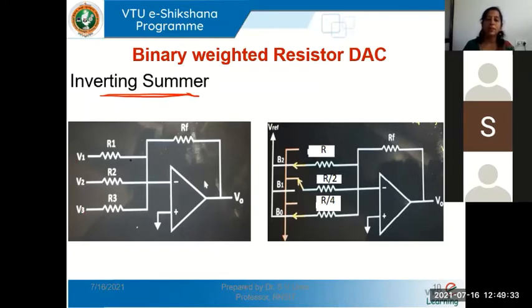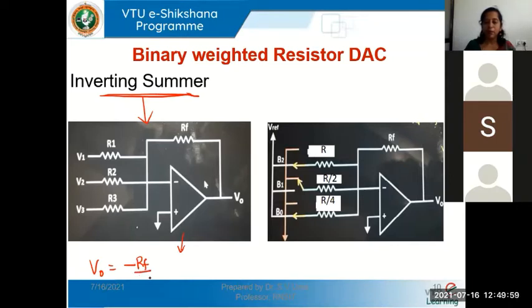A simple inverting summing circuit this is, where 3 input voltages V1, V2, V3 are given through 3 different resistors, and there is a feedback resistor. So what would be the output voltage of this summer? The output voltage is a simple scaling summing amplifier.